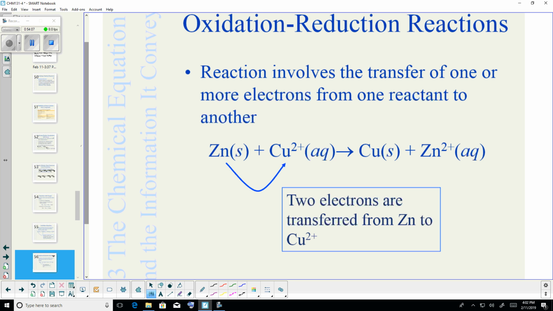It's a transfer of electrons. So, what do we call a transfer of electrons? Transfer of electrons, what do we call it? No, transfer of electrons.